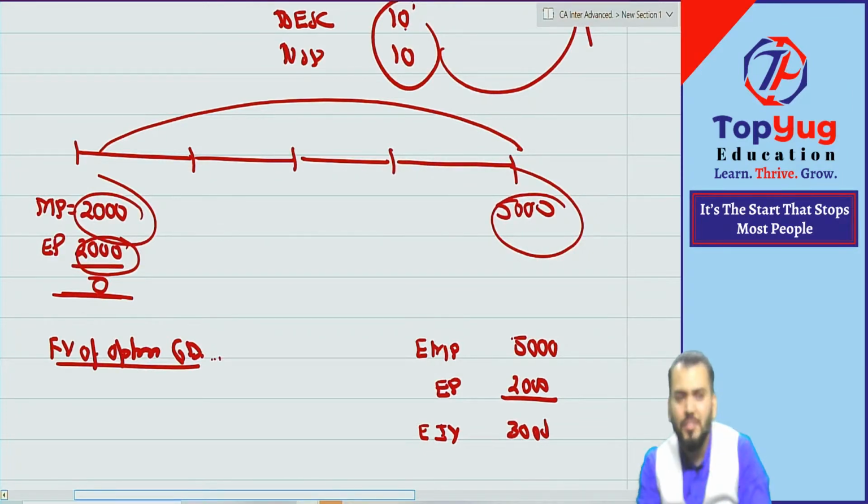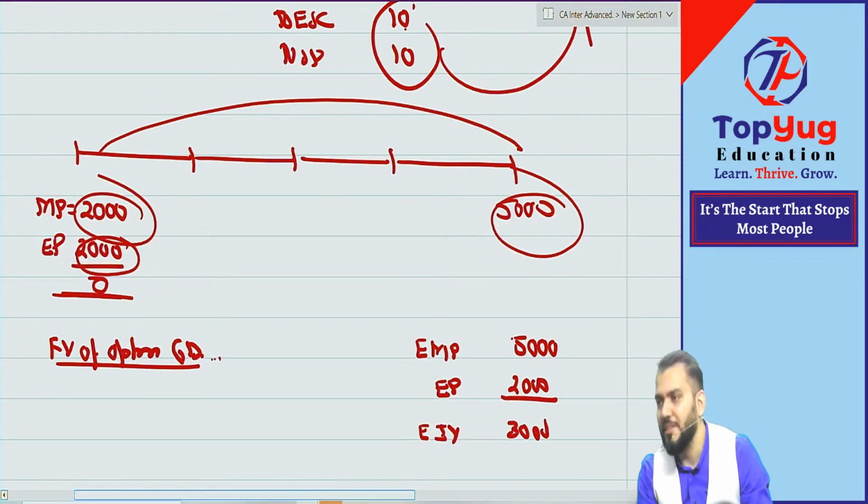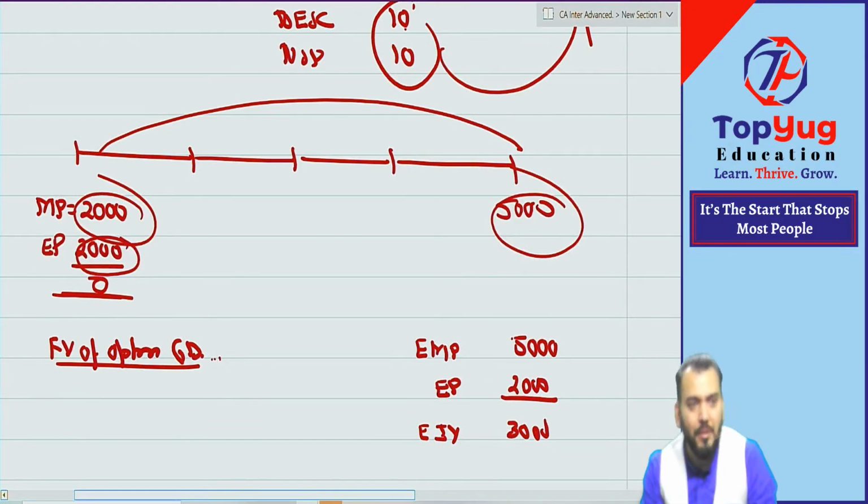Grant day. Do you know the concept of time value of money? Where have you done it? In foundation you have done. In FM not started till now. In FM you will have a very good understanding of time value of money, because entire FM is based on it. You have done compounding and discounting in mathematics in your foundation level.